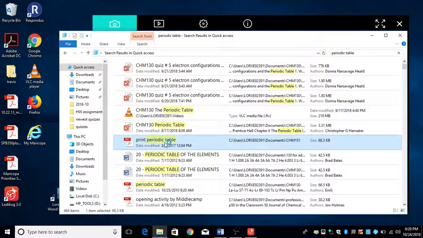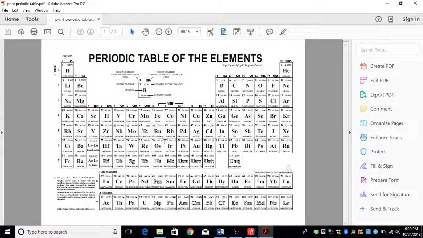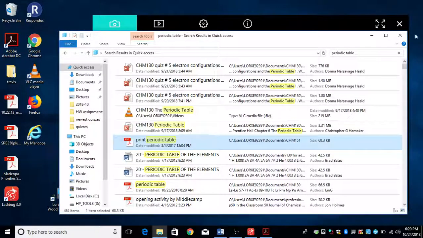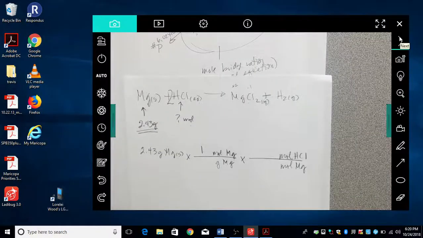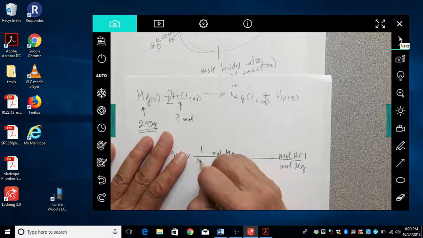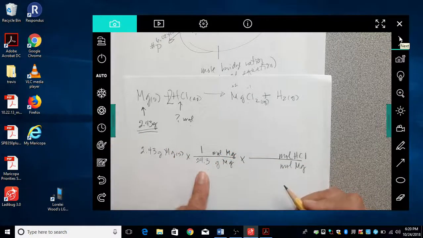Here we go. Here's the periodic table I want. So now we're looking for the molar mass of magnesium. Apparently that is 24.3 according to the periodic table. So I'm going to put that into my equation here, 24.3, and that, remember, comes from the periodic table.